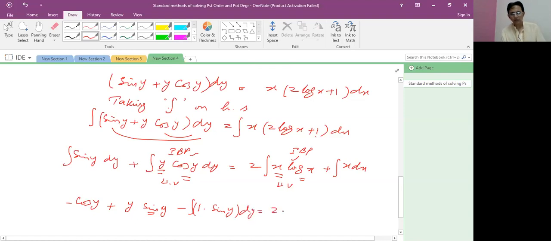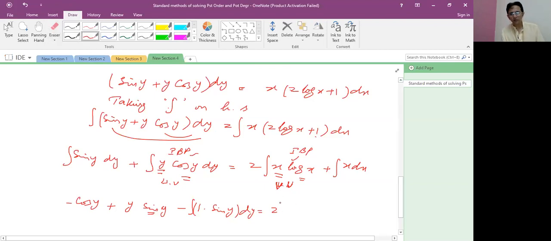Here 2 times x as it is, because log of x has no integral. That means we will consider log x as u and x as v. You select which one is u and which one is v. So we put u and v here. It means 2 times constant.